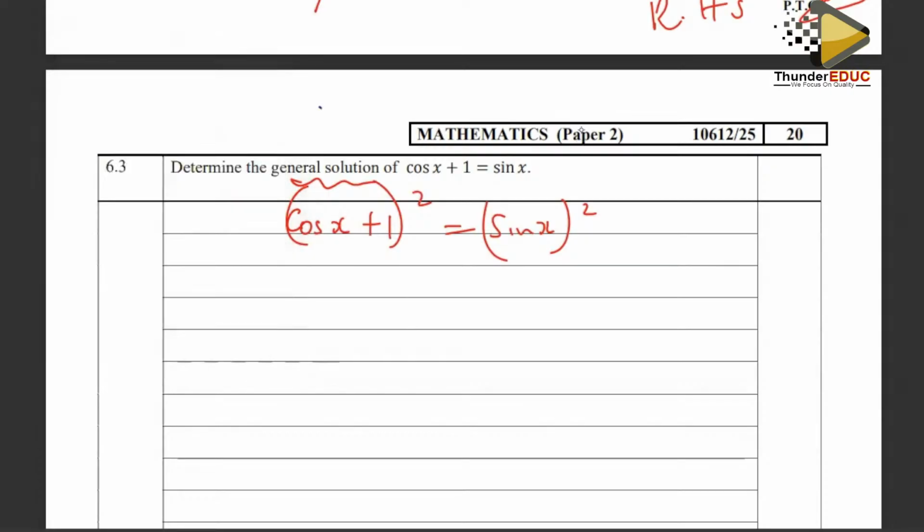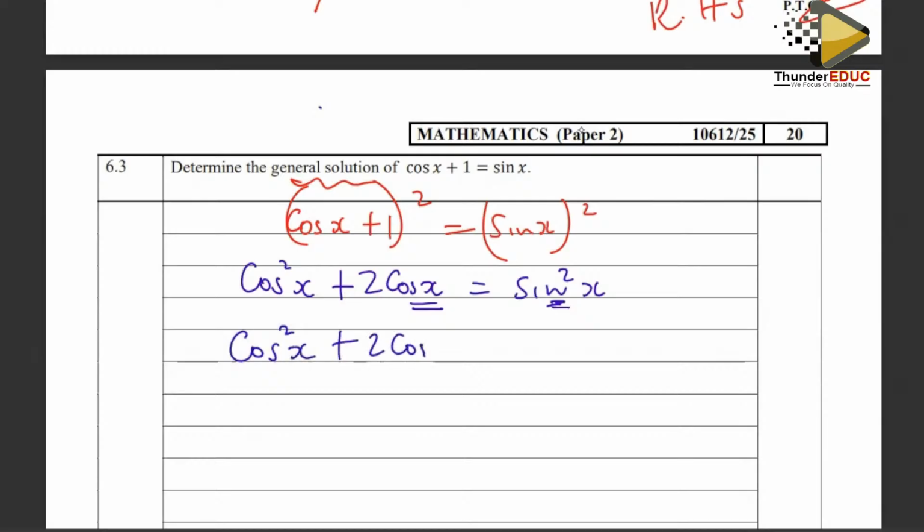So if I open brackets here, I'll have the cos squared of x plus twice cos of x is equal to the sine squared x. I already have a cos x here, meaning that I can change this into a cos. So cos squared x plus 2 cos x is equal to 1 minus cos squared x.